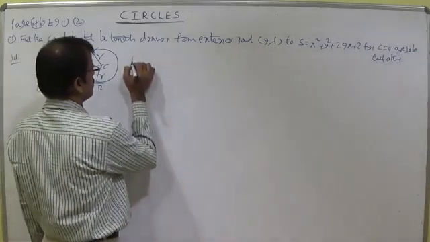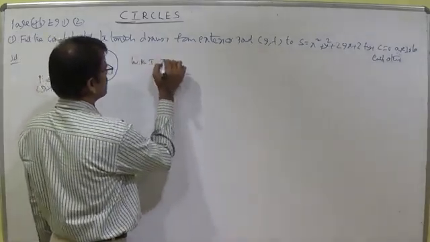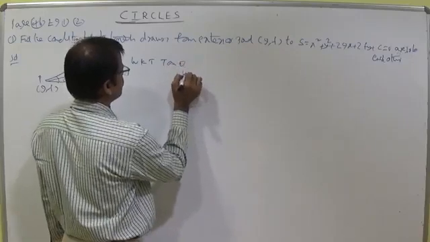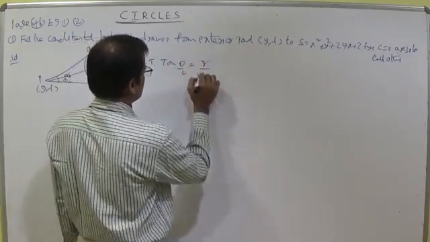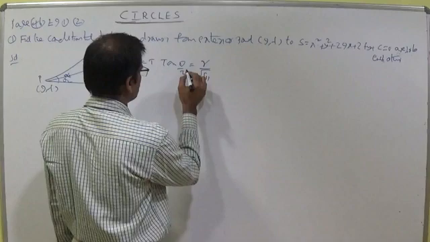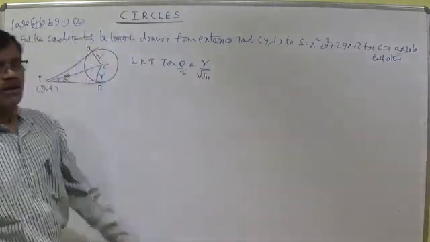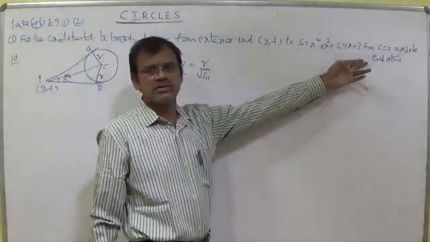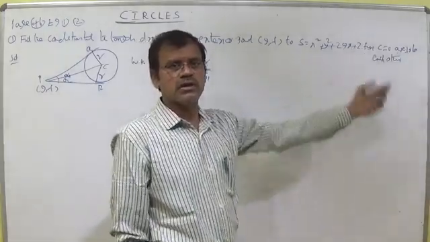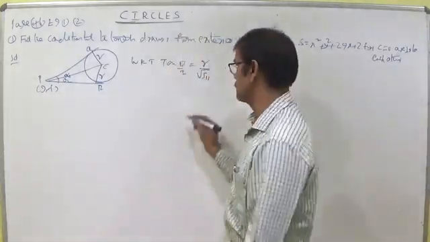We know that the angle between the tangents, just now I proved, tan theta by 2 is equal to R by root S11. What is R here? Using the circle x square plus y square plus 2gx plus 2fy plus c equal to 0, R is root of g square plus f square minus c.